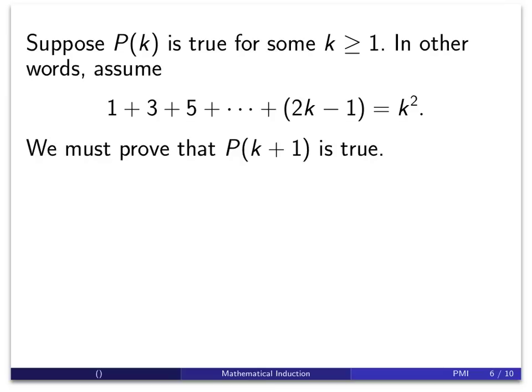We have to prove that it's true when n is equal to k plus 1. So what we do is we go back to our statement P(n), which looked just like this guy up here, except k was n, and this was n squared. Okay, I'm going to replace n here and here by k plus 1.